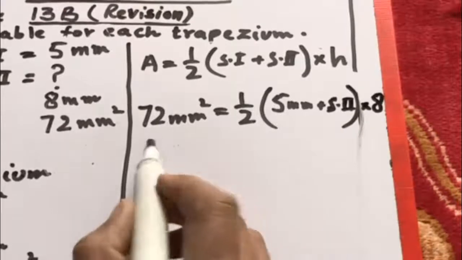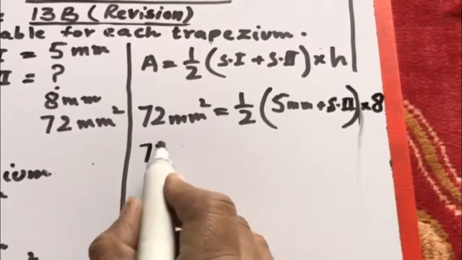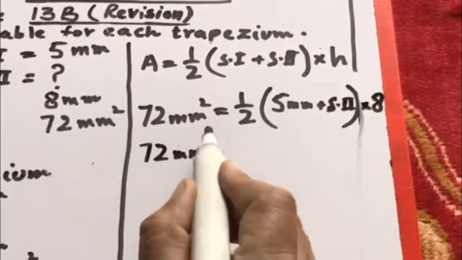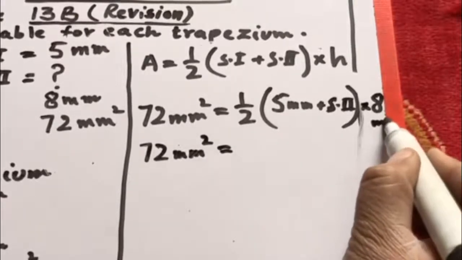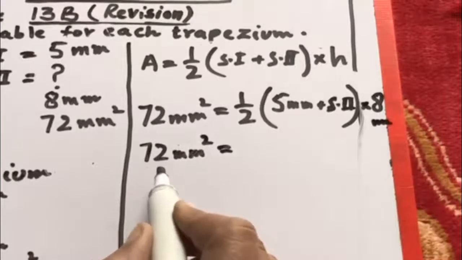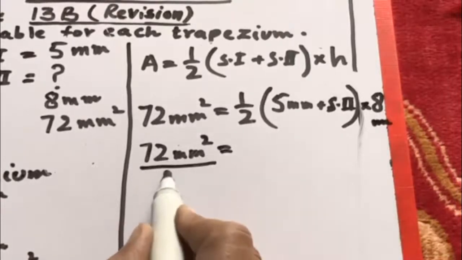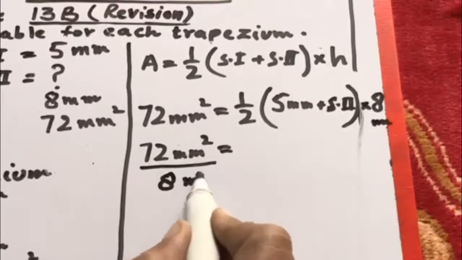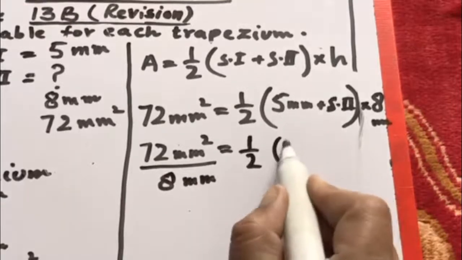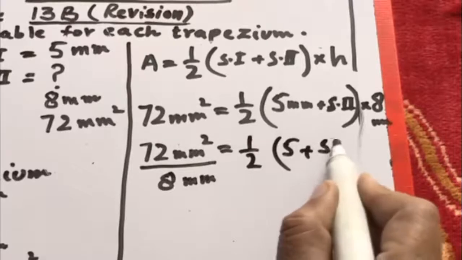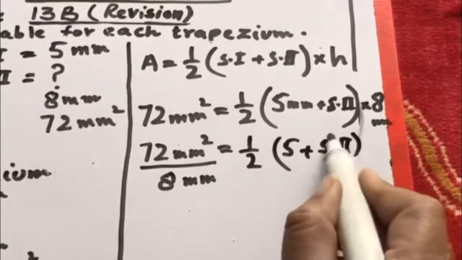So by simplifying, it becomes 72 millimeter square. 8 is multiplying here, so by shifting it to the left hand side, it will divide 72. So we will have 1 over 2 into 5 plus side 2.